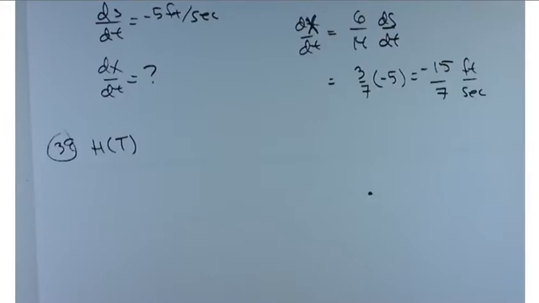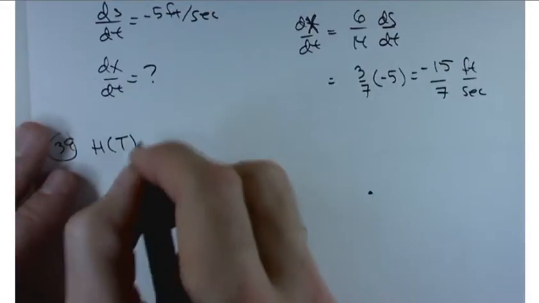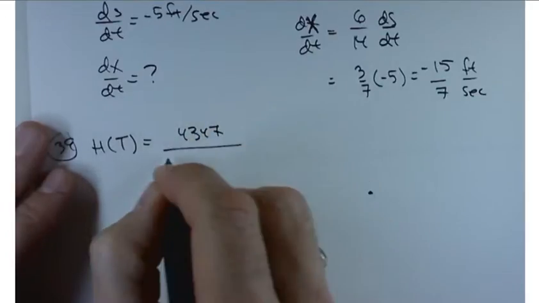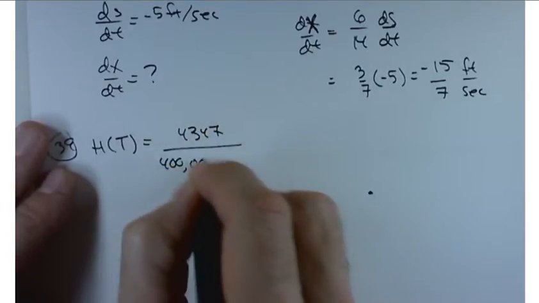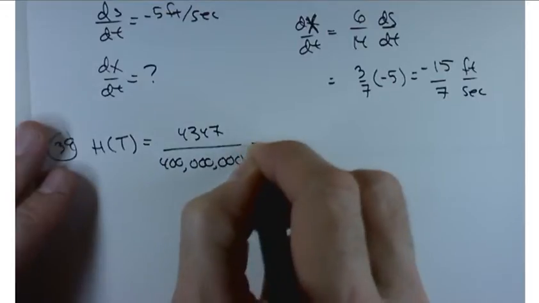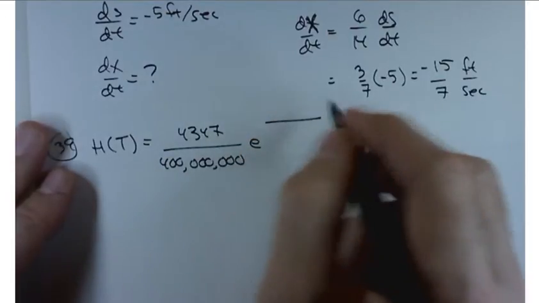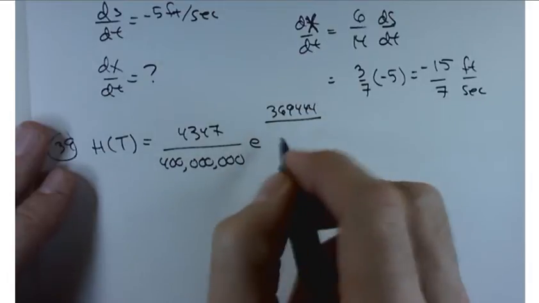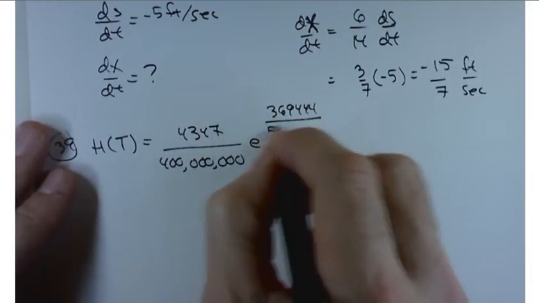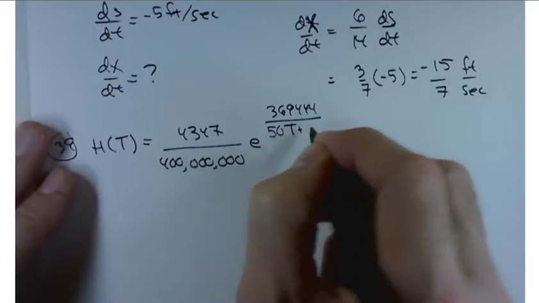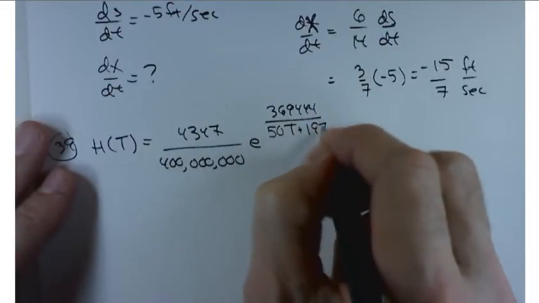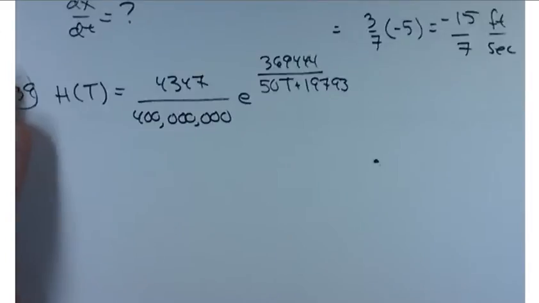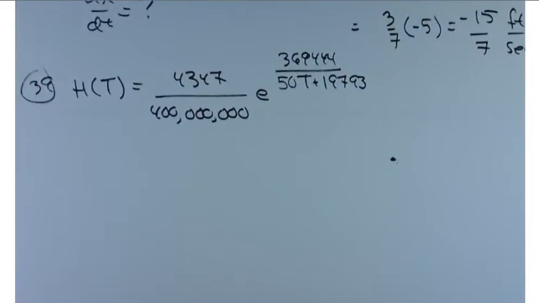So H of capital T is 4,347 divided by 400 million. That's a 4 followed by 8 zeros. E to the 369,444 power over 50 times capital T plus a mere 19,793. You just can't make this stuff up.